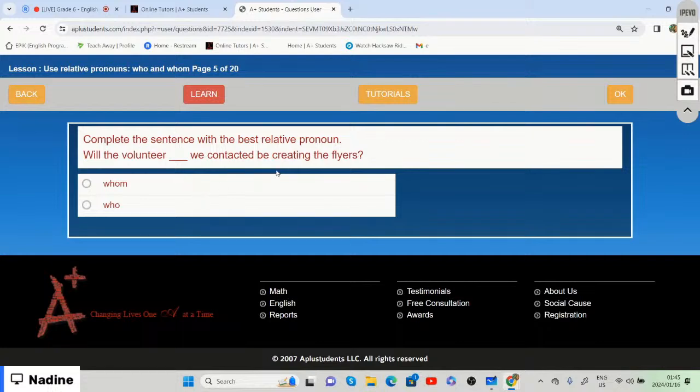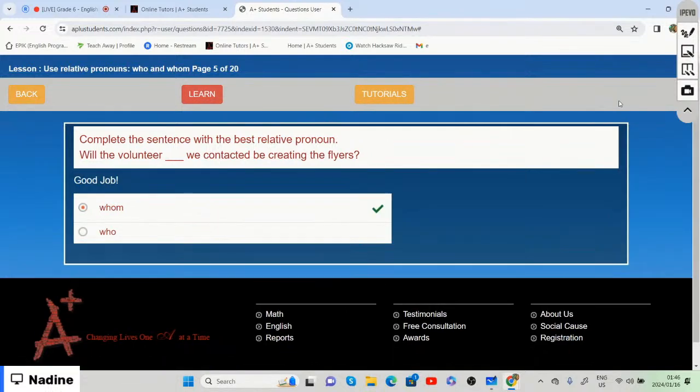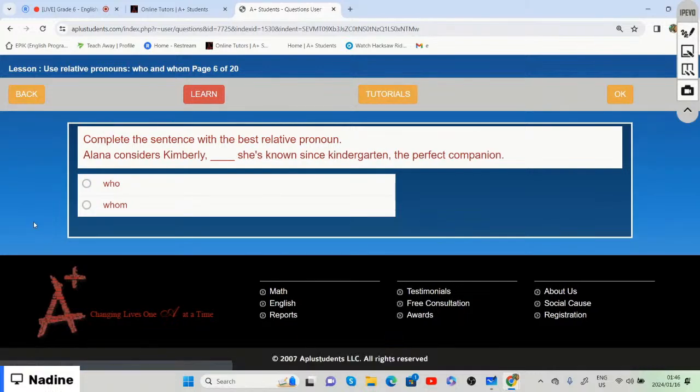And we need to complete the sentence with the correct relative pronoun. Will the volunteer whom we contacted be creating the flyers? Or will the volunteer who we contacted be creating the flyers? And whom is correct, right? So basically, when it comes to relative pronouns, we're just going to have to know when to write who and when to write whom.